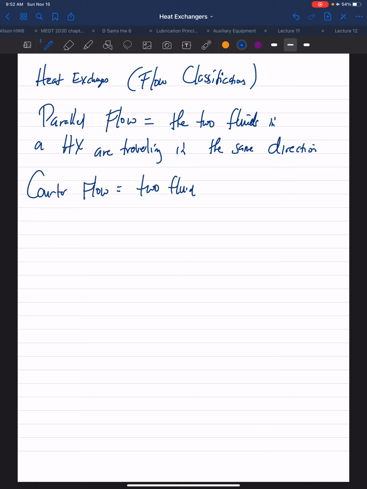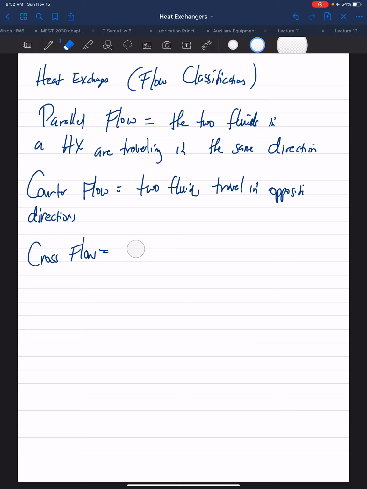These are when the two fluids travel in opposite directions. And then you have cross flow. This is when the two fluids are traveling at right angles to each other.